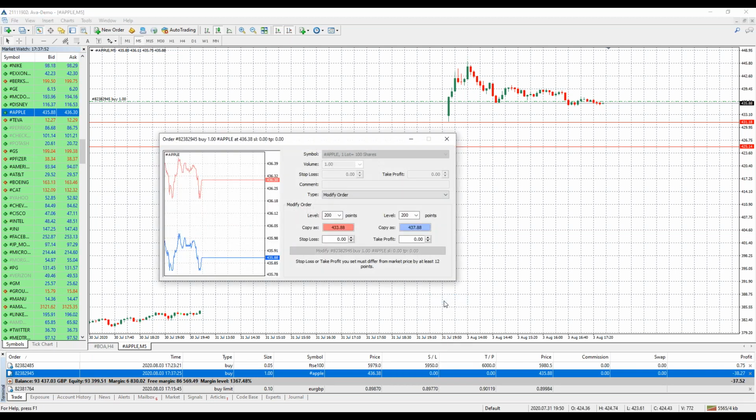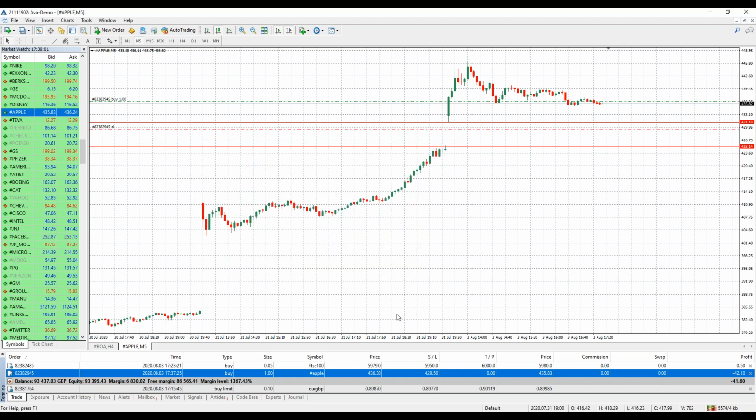So modify 429.50. Okay, so you see I strategically placed my stop loss so that the only way I give up is if it breaks this support and drops into the gap. Then I'm out. Then I say, okay, it might retrace the entire gap then.